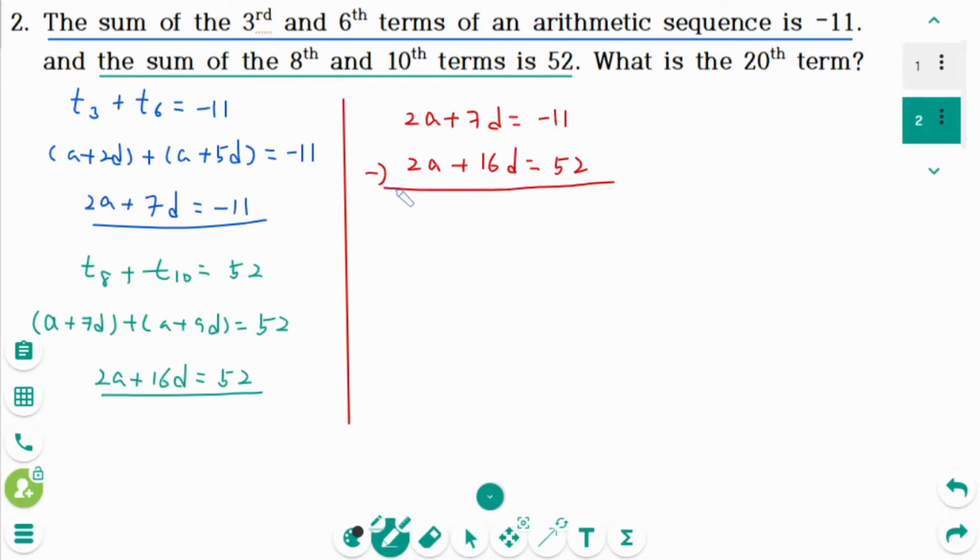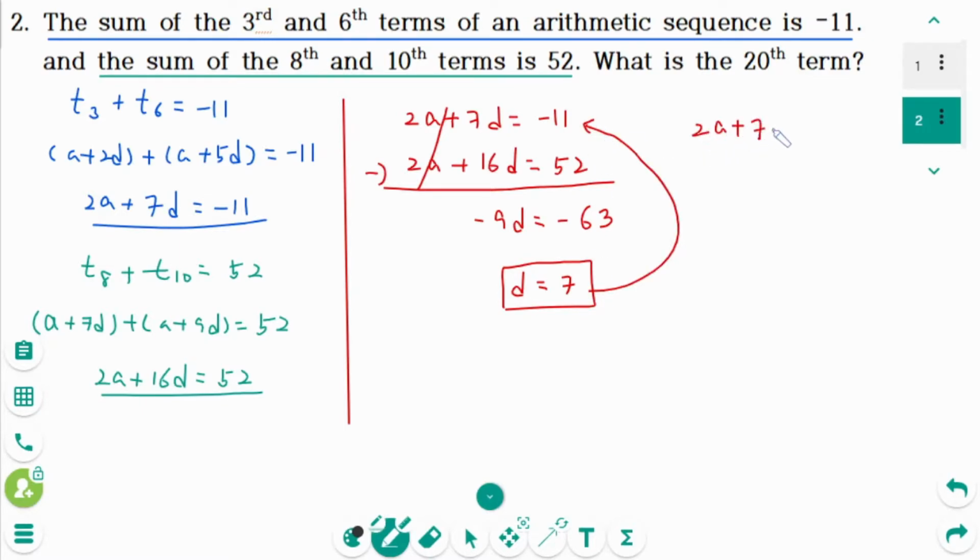Then subtract, cancel. 7D minus 16D is minus 9D equals minus 11 minus 52, which is minus 63. Then divide by minus 9 on each side. D equals 7. Then put in here: 2A plus 7D equals minus 11, 2A plus 49 equals minus 11. Then 2A equals minus 60.